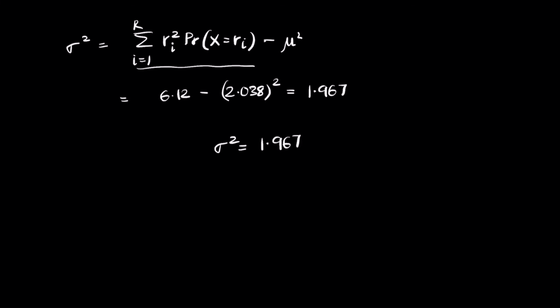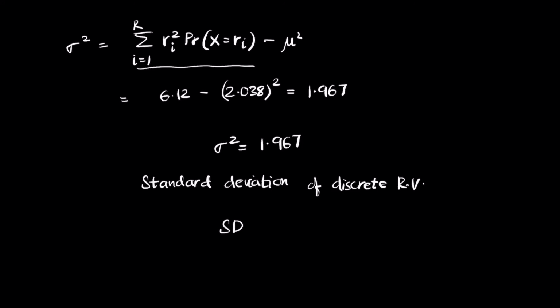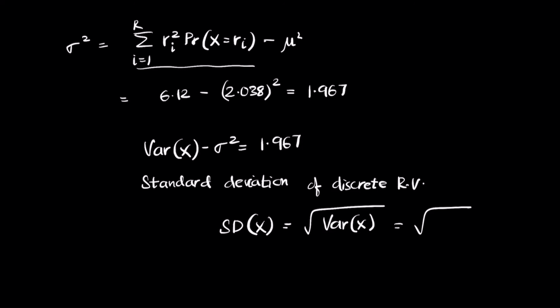So if you want to find the standard deviation of the discrete random variable, we can write it as SD of x equals the square root of the variance of x. The variance of x value is 1.967, so the square root of 1.967 gives you 1.402.